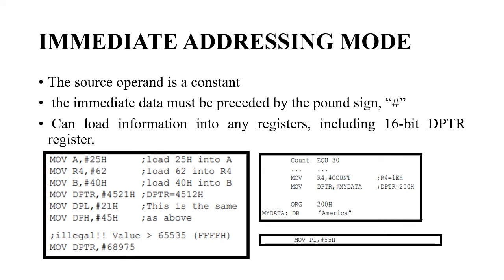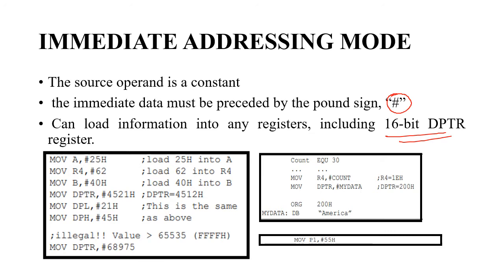It is represented by a special symbol called pound: whenever the source operand in an instruction is preceded by the pound sign or hash symbol, such kind of addressing mode is called the immediate addressing mode. It has the capacity to load the information into any register, including the 16-bit DPTR register as well. DPTR means the data pointer register.